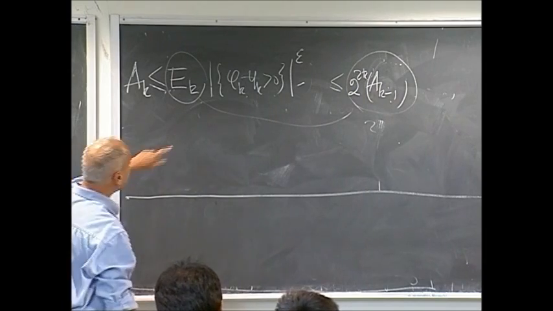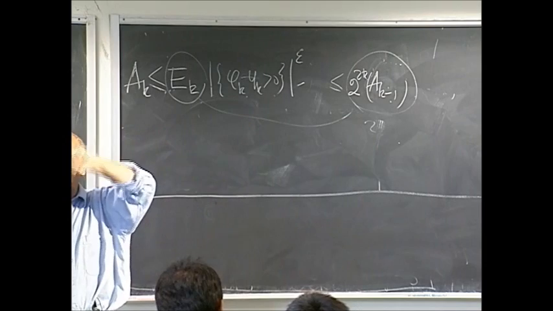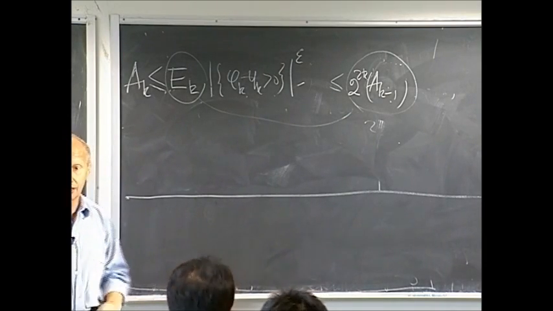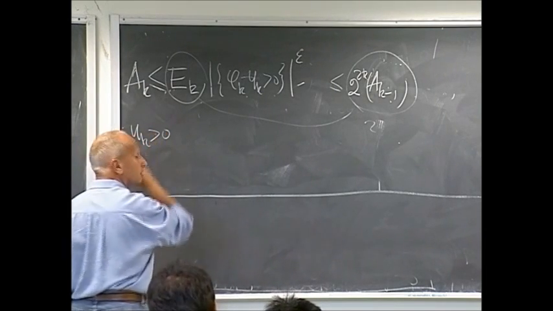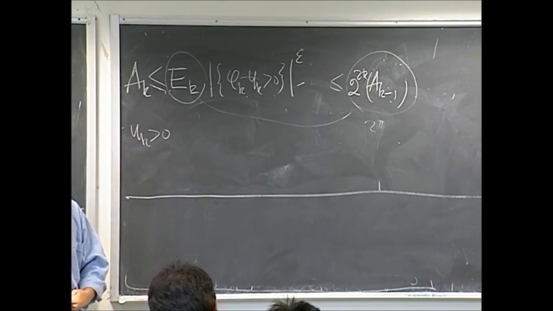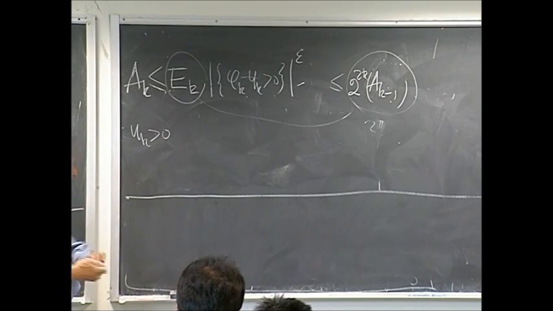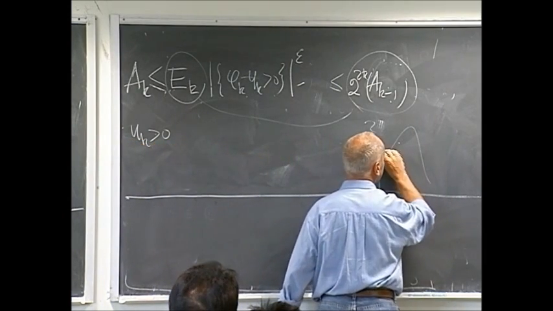And where phi_k u_k is bigger than 0, u_{k-1} is bigger than 2 to the minus k. Because if u_k is positive, right, u_{k-1} was the truncation a little bit below, right? Remember, I was cutting here and here.